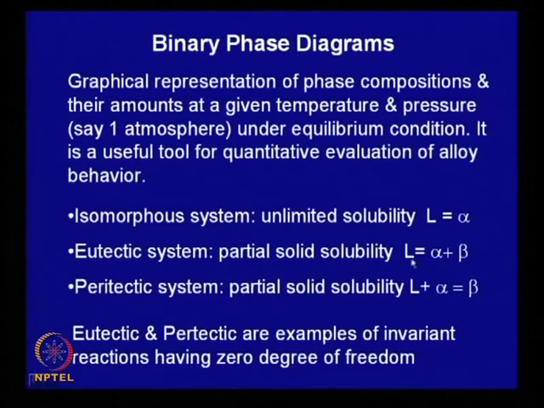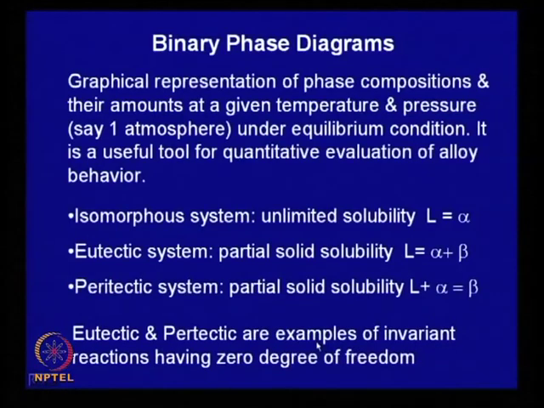So, this type of equilibrium can coexist at a fixed temperature and between fixed compositions of liquid and two solids. There is no variable that can be altered. In principle, from the thermodynamic characteristics, it is possible to calculate these temperatures, and we will see one such example today.